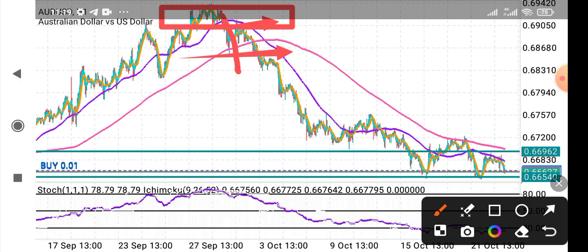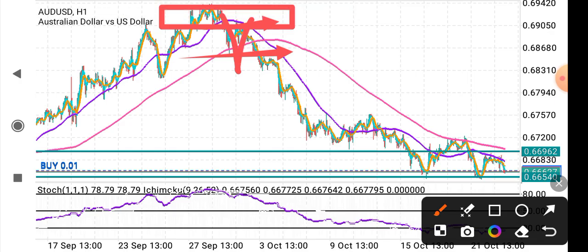It breaks out, comes back, so you can enter at that region, or another entry can be done somewhere there. Then you ride your market. So those are the two.